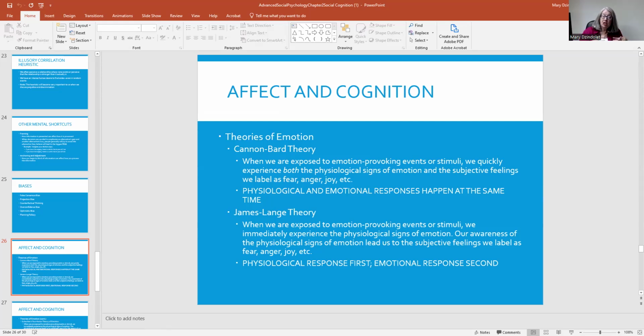The physiological signs from our body and our emotions happen at the same time. Here's the classic example that's in every textbook you've ever read about this.